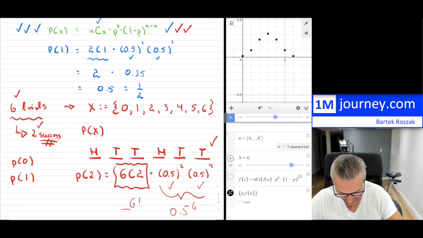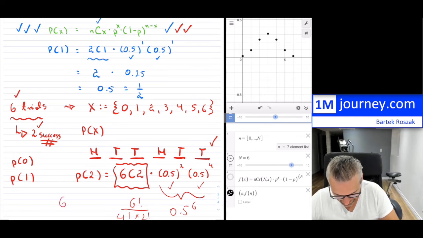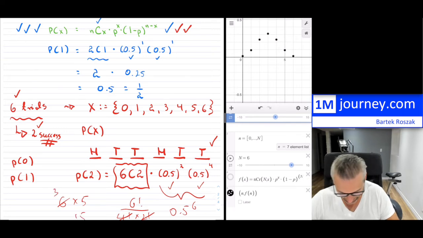So this is 6 factorial all over 4 factorial multiplied by 2 factorial, right? So that's going to be 6 times 5, because the 4 factorial cancels out, and then the 2 right here, so that's going to be just 3, so this is 15.